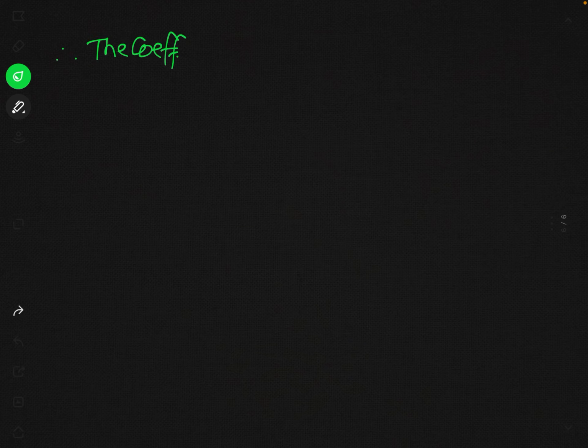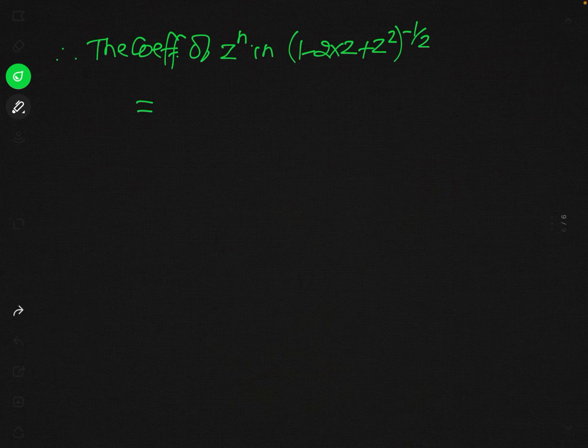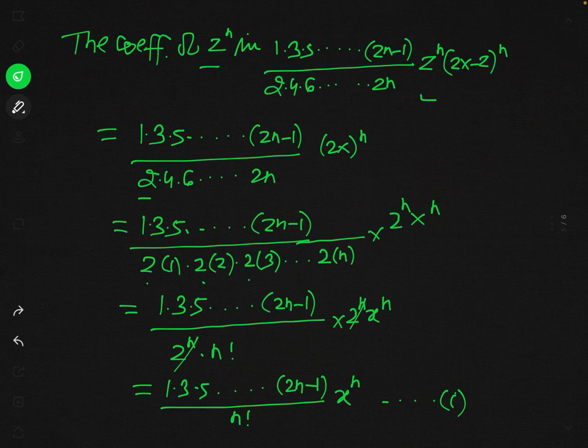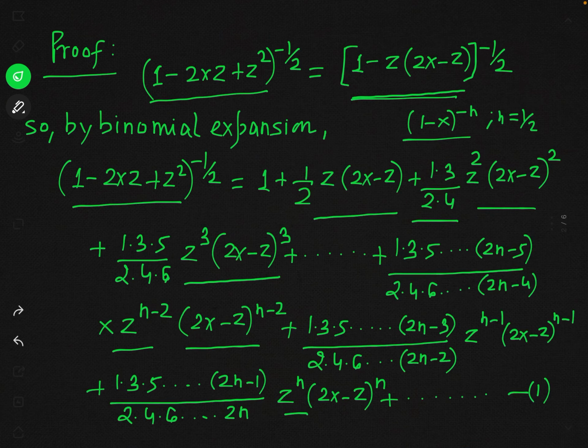So you can now see, therefore, the coefficient of z to the power n in 1 minus 2xz plus z square to the power minus half is equal to, in fact for this you can see your first equation which I have mentioned here, equation 1.